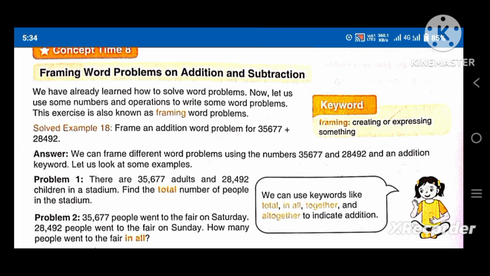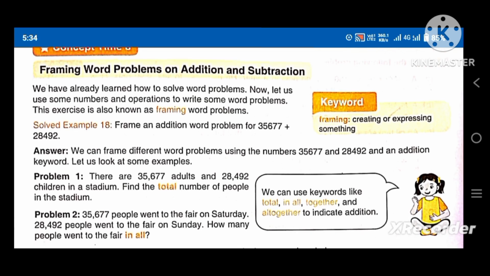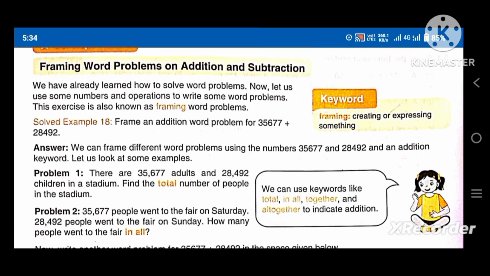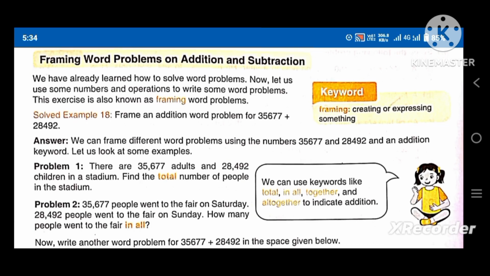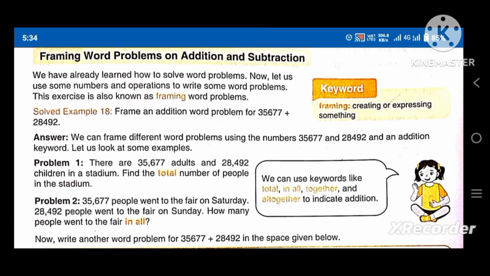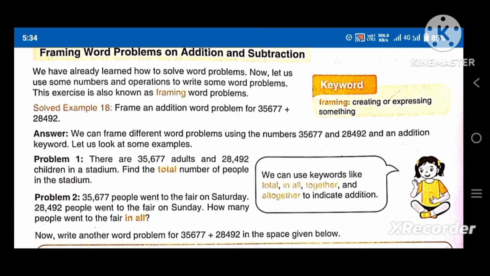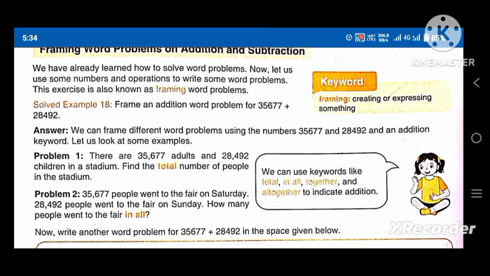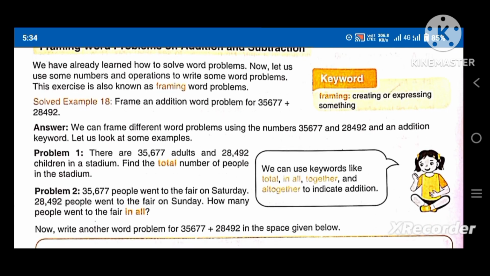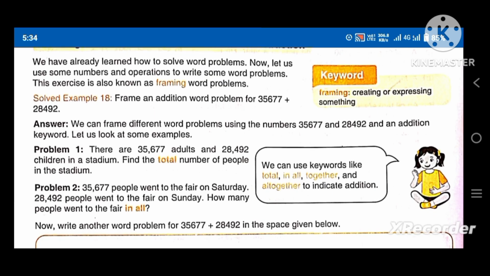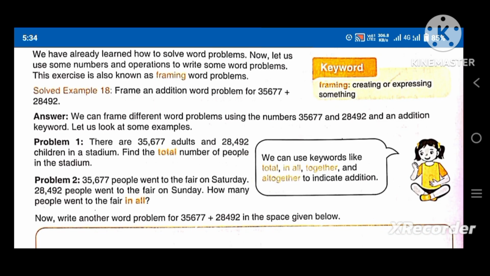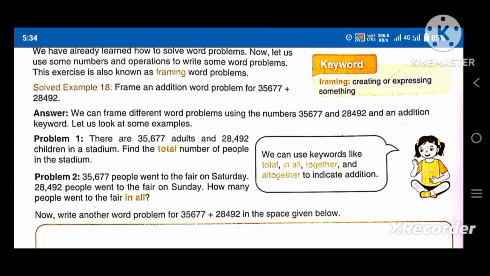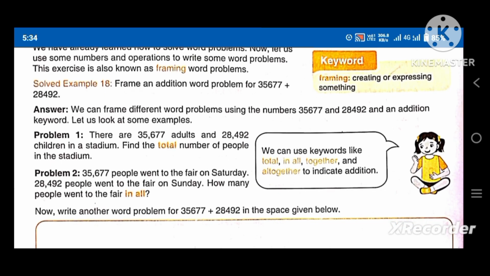Solved example 18. Frame an addition word problem for 35,677 plus 28,492. Answer: we can frame different word problems using the numbers 35,677 and 28,492 and an addition keyword.